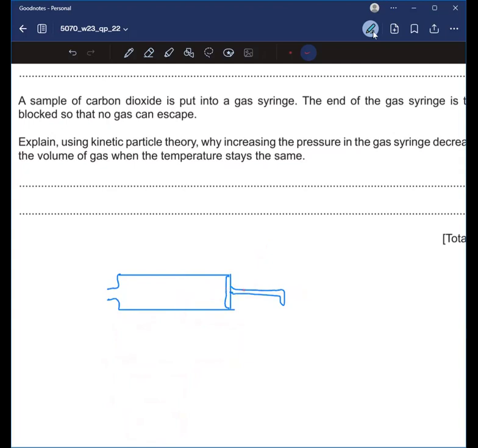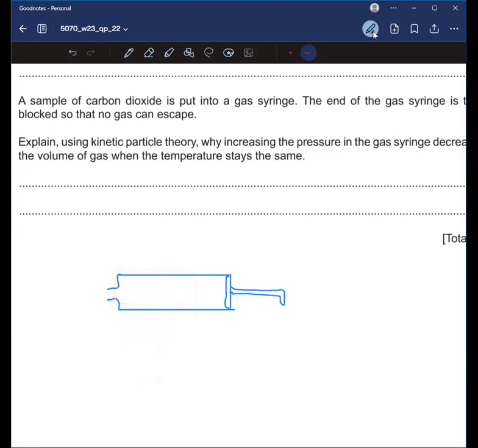So basically, what happens is that first, for example, the carbon dioxide particles are arranged like this. Then when they are in this much volume, they are closer, right? And then a quarter of it, so they are even closer. And smaller, more closer.